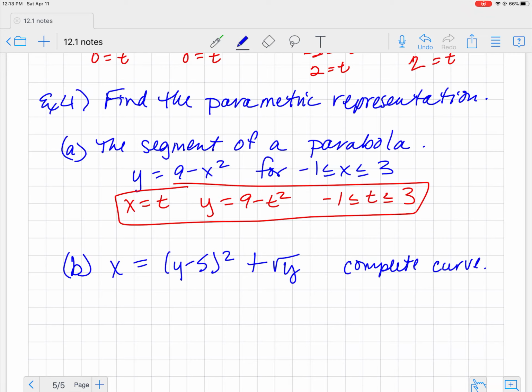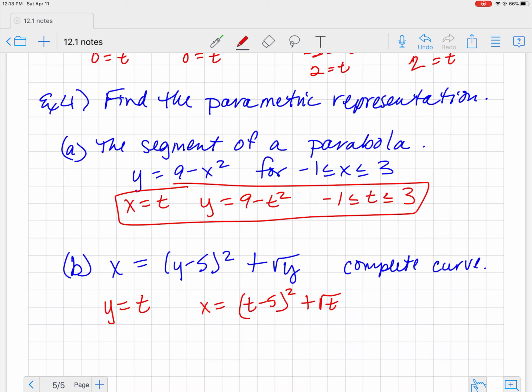That's nuts. So when you set up your parametric equations, that's no big deal. I'm just going to make my y equal to t. And if y is equal to t, then x is equal to (t minus 5) squared plus the square root of t.